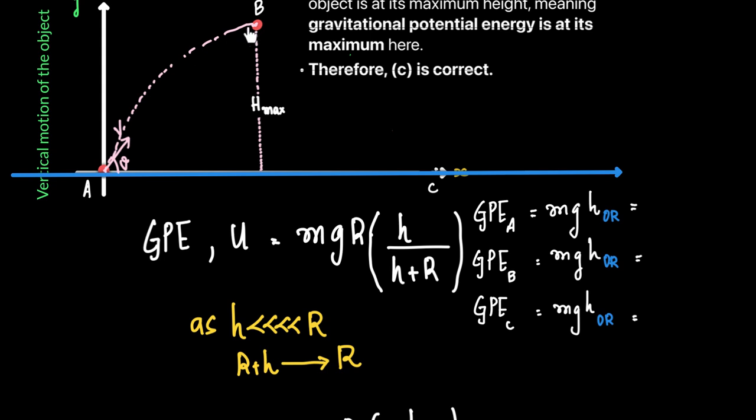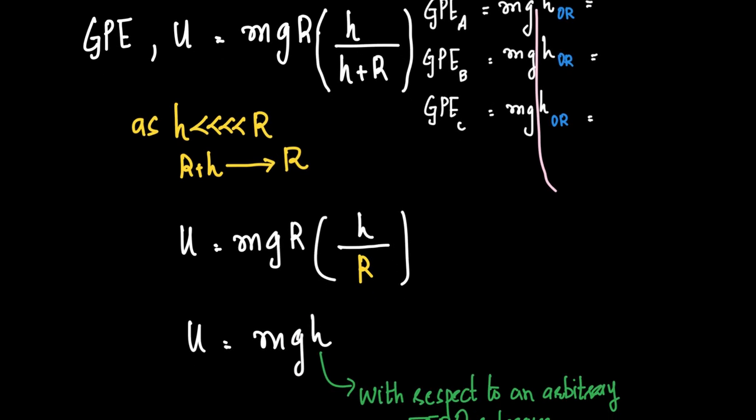Since this projectile motion takes place very close to the surface of Earth, we can say that when compared to the radius of the Earth, this height is extremely less. And since it is extremely less, we can therefore approximate r plus h as r. And then what we get is, instead of r plus h, we can substitute that with r, and r by r becomes 1, and therefore U is equal to mgh. Now what is this h?